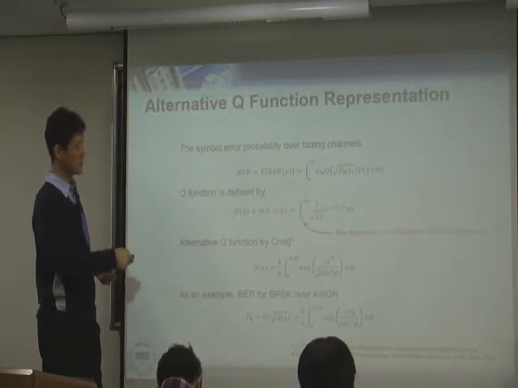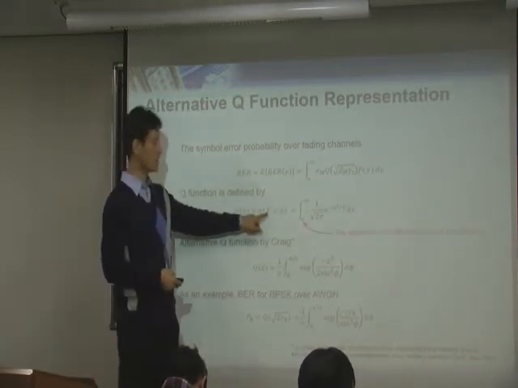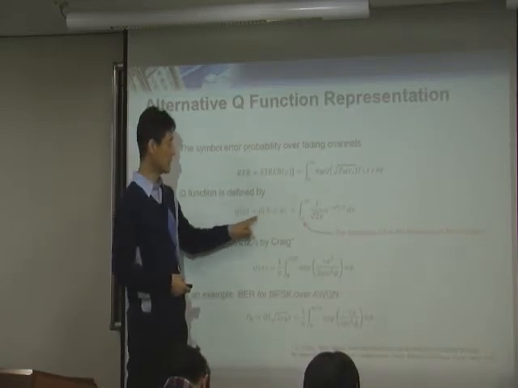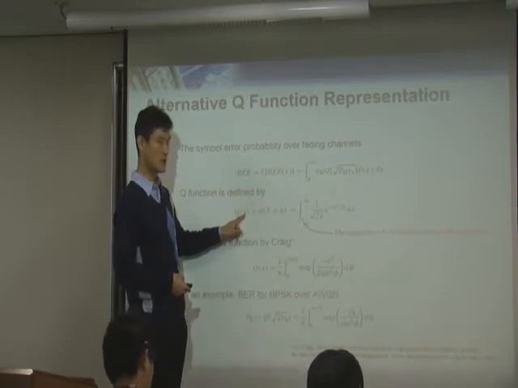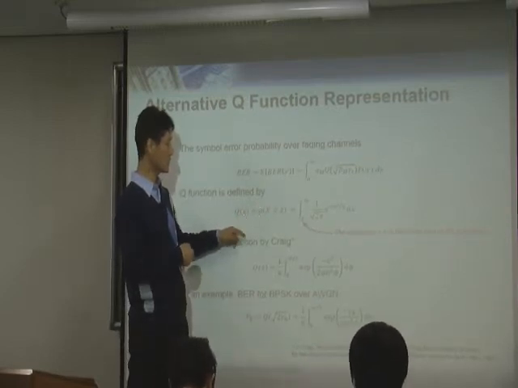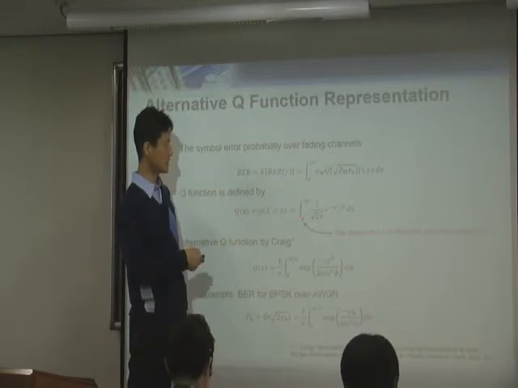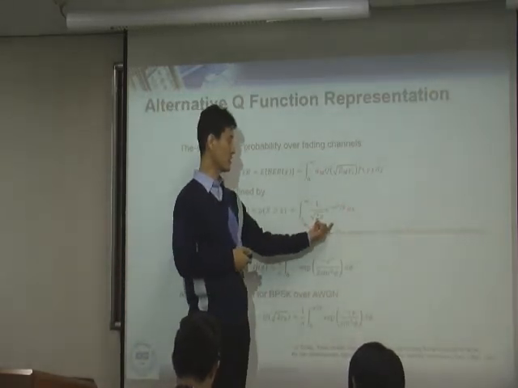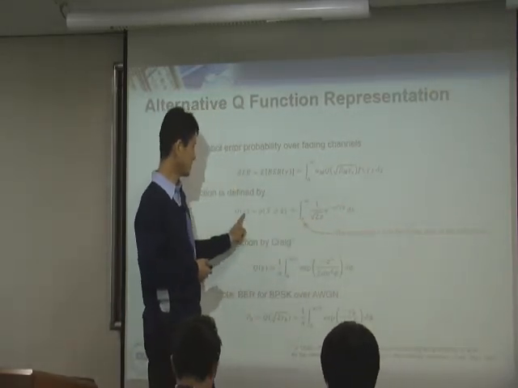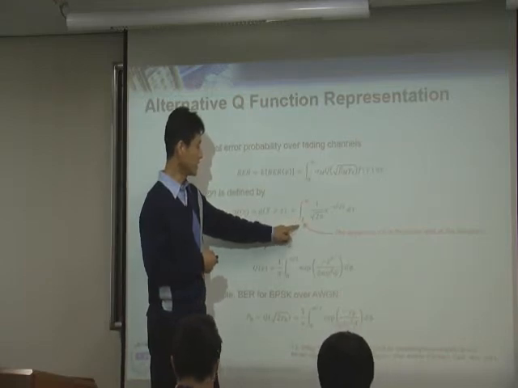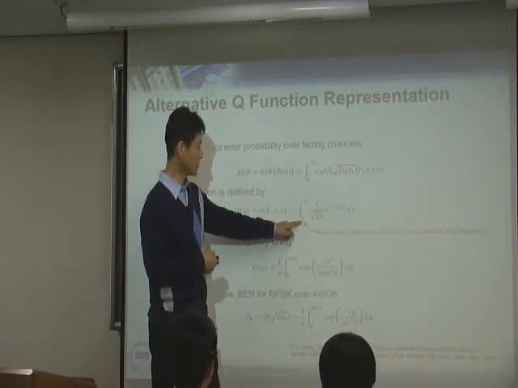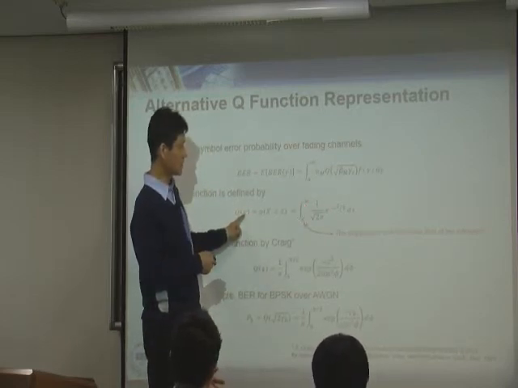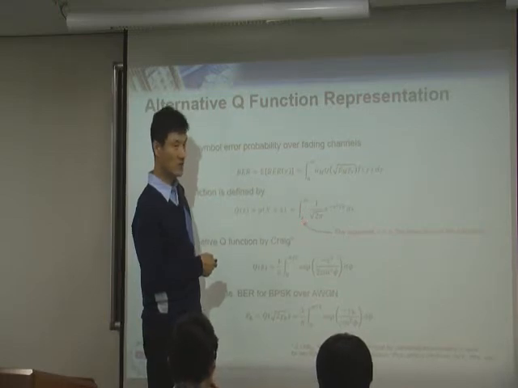The Q function is the probability that your random variable, a Gaussian random variable, is higher than your parameter or argument, right? So that probability is the Q function. And mathematically, that is defined this way. This is a Gaussian distribution with variance 1. And that's the argument, and that is the integration from the argument to infinity. So this argument is in the lower limit of the integral.